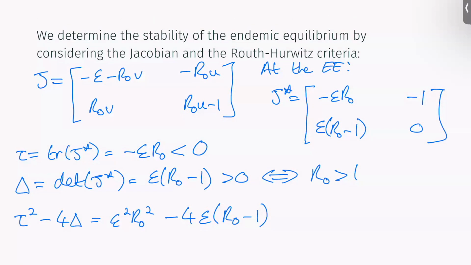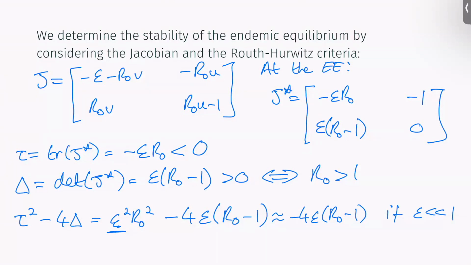Now, one thing we can note here is that when epsilon is relatively small, which we're going to be assuming for things like human infections, at least for many respiratory illnesses like influenza or COVID, this epsilon squared term is going to be relatively small. So this is going to be approximately equal to minus 4 epsilon R naught minus 1 if epsilon is small.